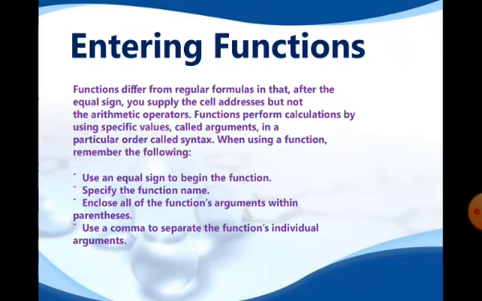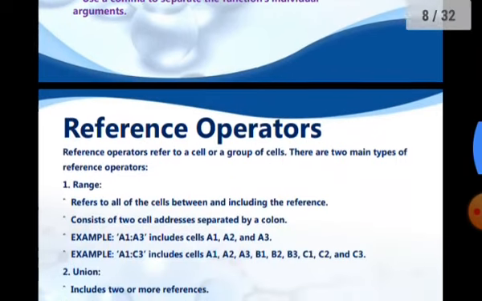When using a function, remember the following: first, use an equal sign at the beginning. Second, specify the function name. Third, enclose all the function's arguments within parentheses. And fourth, use a comma to separate the function's individual arguments. So these are the basics when you use a function. Now move forward.